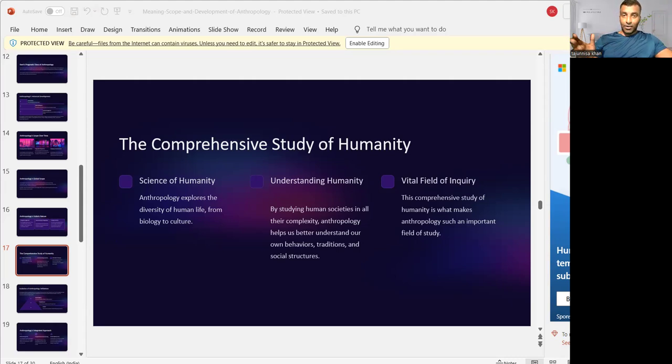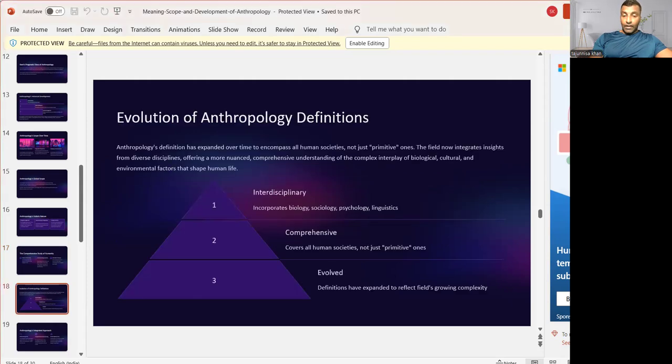Why it is important, that's what we have discussed over a period of time through the different slides. Let's move on: evolution of the anthropology definition. Over a period of time, the definition of anthropology has evolved to reflect the growing complexity of the field. Early definitions focused primarily on the study of primitive people.